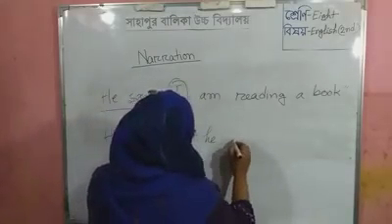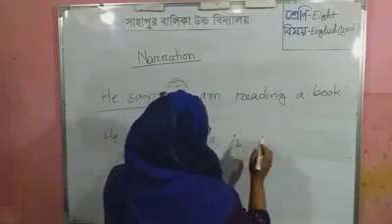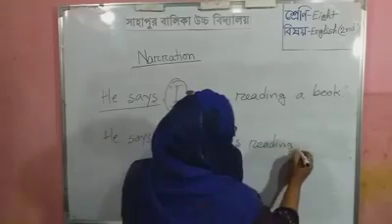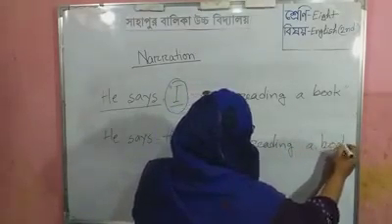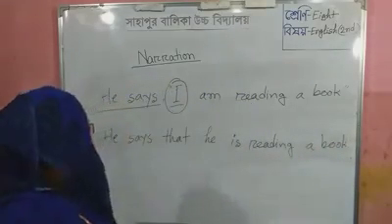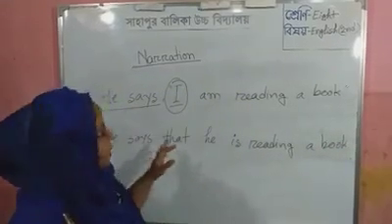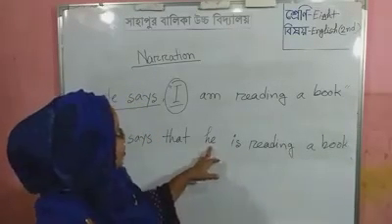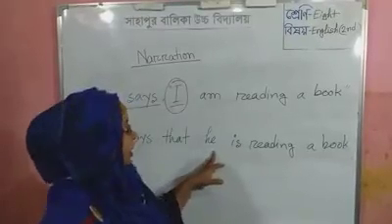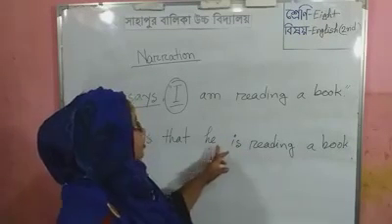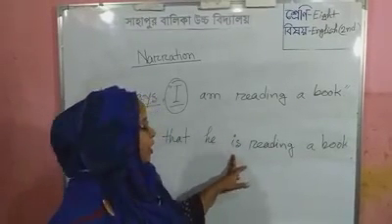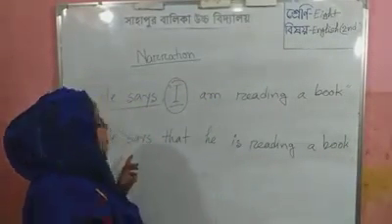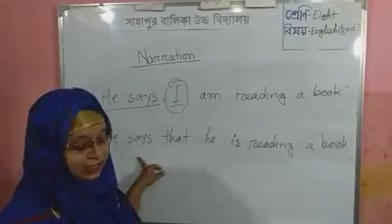He is reading a book. So in this sentence, we only change the person, the pronoun. For this pronoun we change the auxiliary verb, but the other things are not changeable because this is present tense.